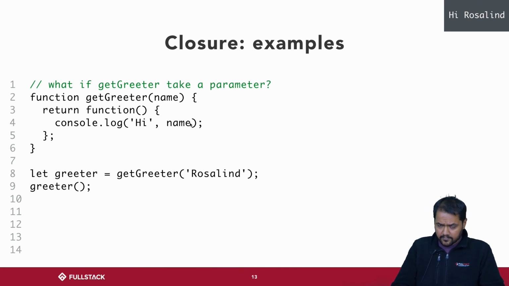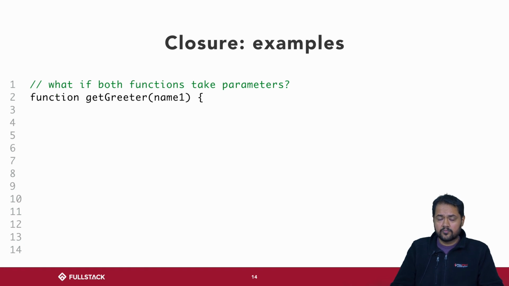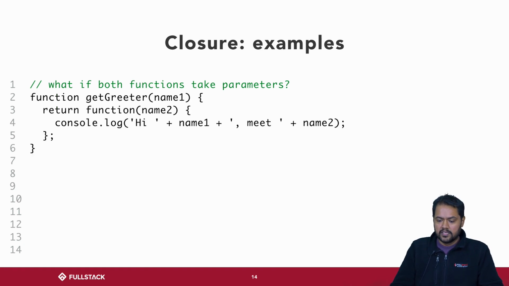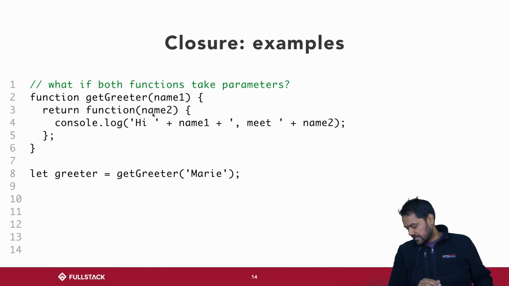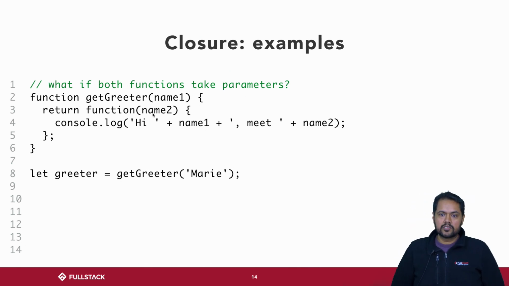Okay? And so even if both functions took parameters, right, in this way, right, like let's say getGreeter took a parameter, and even the anonymous function that we return also took a parameter. Even if both of them took parameters, like the closure still stands. So like now, let's say that getGreeter is called with Marie, right?